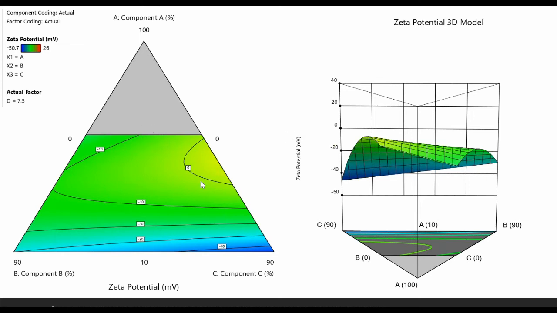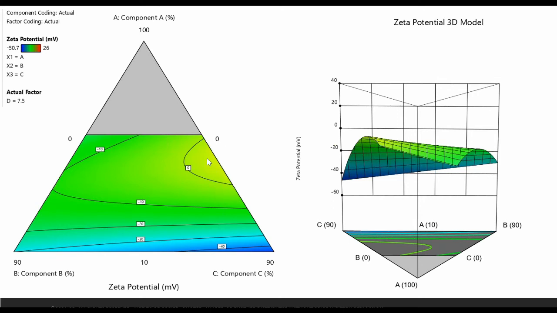And what we're trying to see is how this 3-component mixture at one process setting is influencing the charge of the fiber. A very interesting finding: if you take a look at this contour plot and this 3D model, it looks very similar to the strength reduction model, which tells me that this combination of A and C has the maximum amount of chemistry going to the fiber.